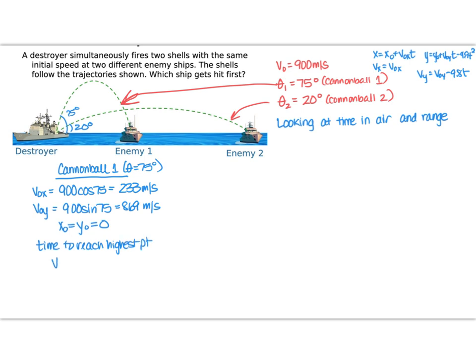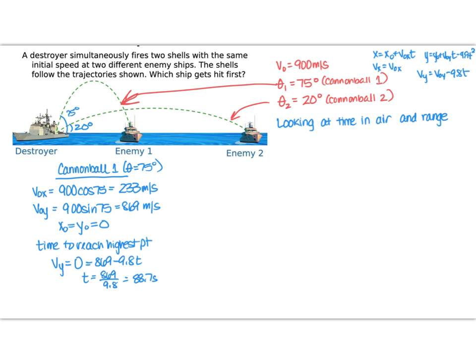So the first thing I want to know is the time to reach the highest point. And we know that that will be when the Vy is 0. Vy is equal to V naught y, which is 869, minus 9.8 t. So our t is going to be 869 divided by 9.8, and that ends up to be 88.7 seconds.